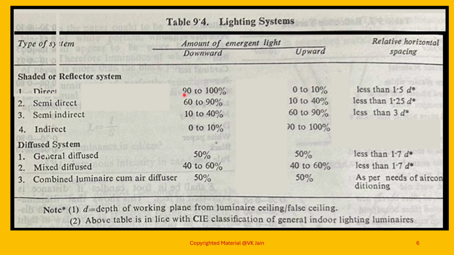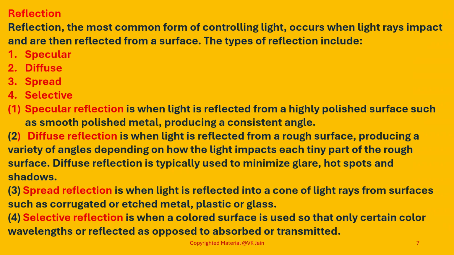And these are the percentages of light which they put forward, either downward or upward. And this gives you relative horizontal spacing less than 1.5 of D, where D is the depth of the working plane from the luminaire or ceiling or false ceiling.